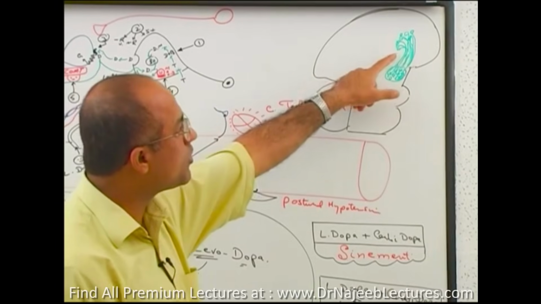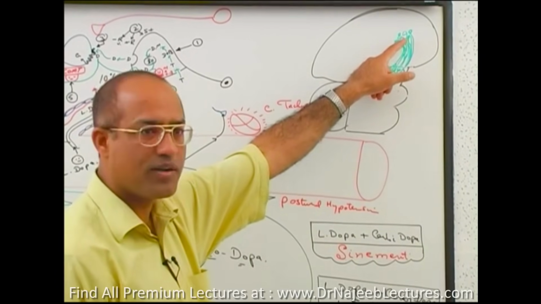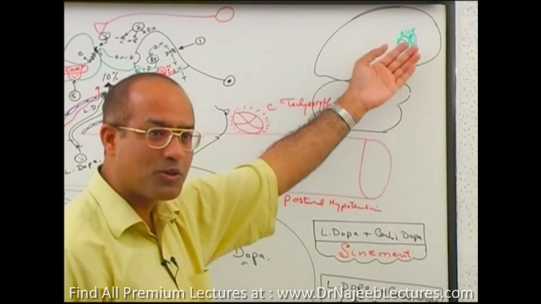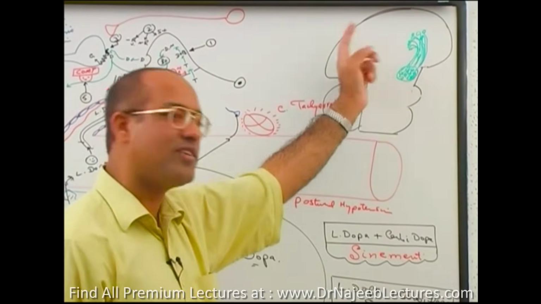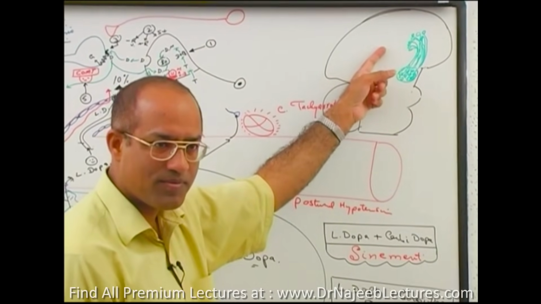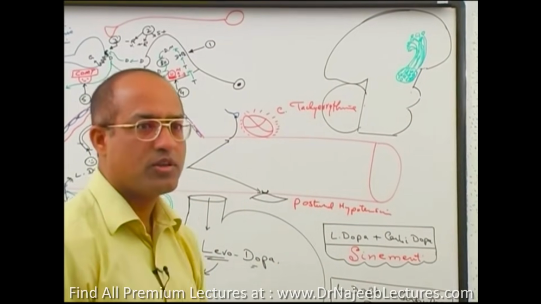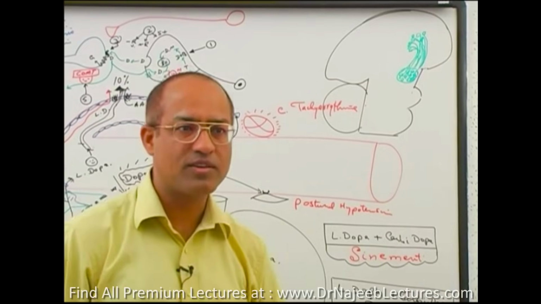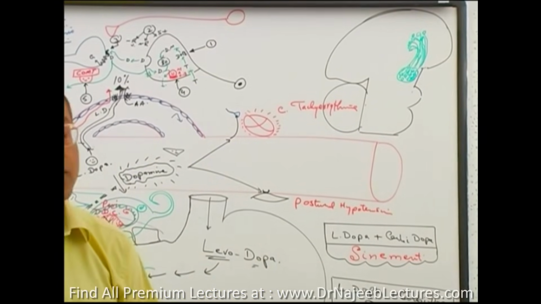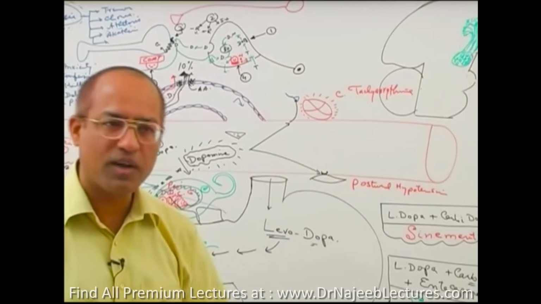When you are giving levodopa, these are the nerve terminals which take up that levodopa, convert it into dopamine, store it and release it for the action. Am I clear? No problem? Now, suppose you come across a patient who has recently started displaying the features of Parkinson's disease and you start giving levodopa, there is a very good response.